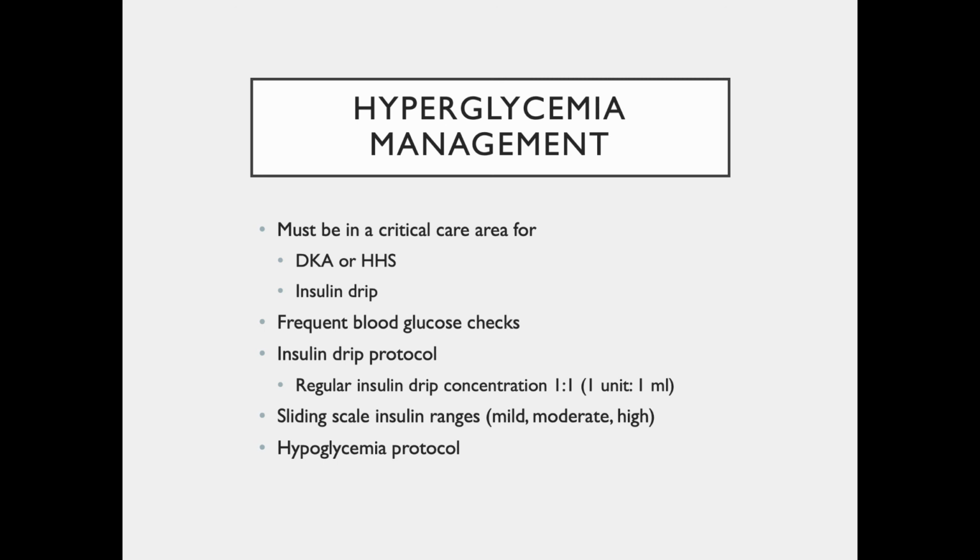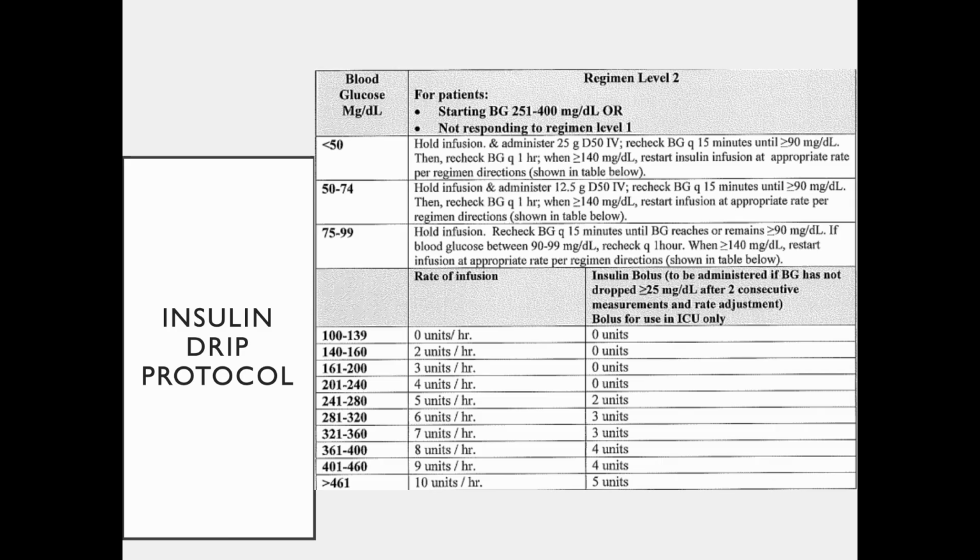Patients who have DKA or HHS definitely need to be on an insulin drip. And of course, when you're on an insulin drip, in most hospitals, that means a critical care unit so that we can monitor you more carefully. We need frequent sugar checks. There are protocols for insulin drips that are followed, and then there are hypoglycemia protocols that we need to monitor as well. The insulin drip protocol at one particular facility is shown here.